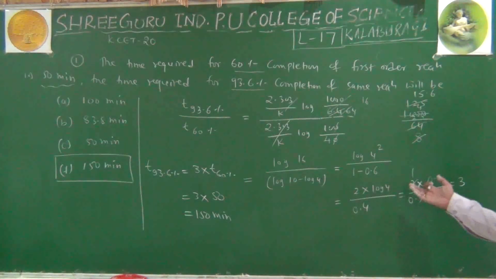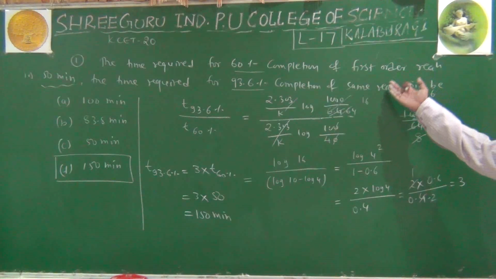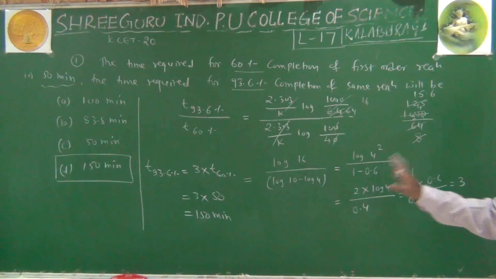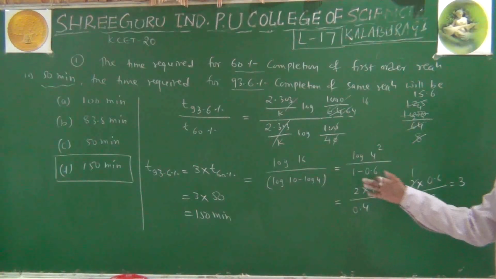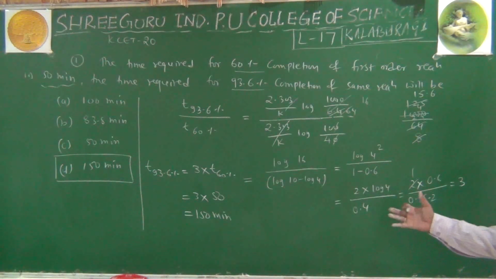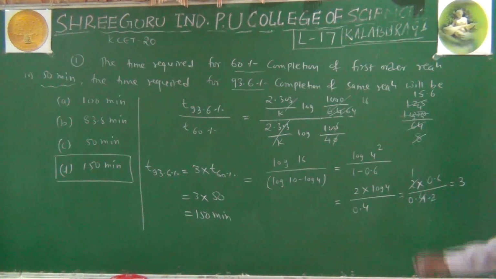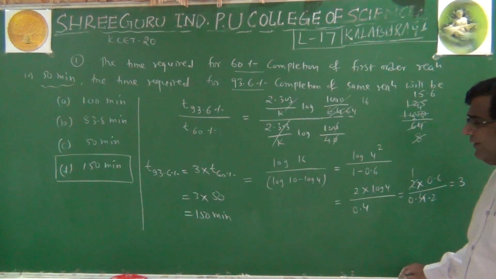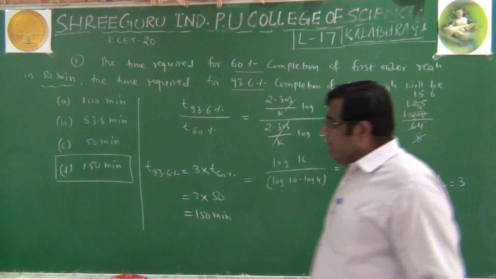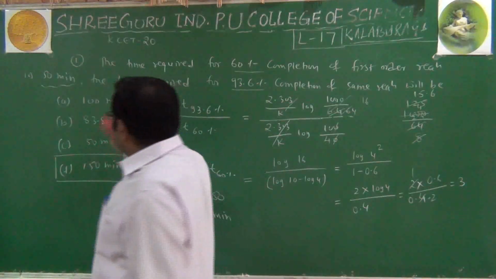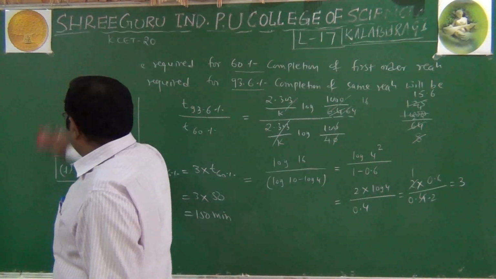Yes, you just see. When the time for one percent is given and they ask for another, you just take the ratio and you will get it. From the log we have to come out carefully without making mistakes, and we should do the calculation very patiently. So this is one question out of the 20 they have asked. One more is again a numerical, so I will write that.